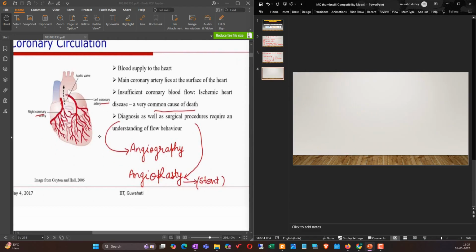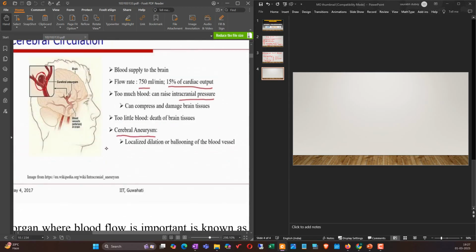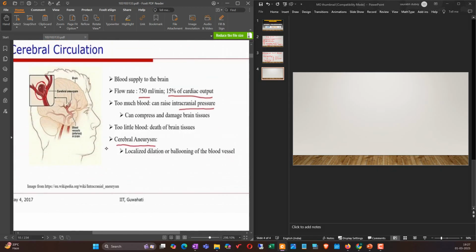Cerebral circulation is another one, where blood supply happens to the brain. This is the typical flow rate, ml per minute. You can see how much is flowing: 15% of the cardiac output is going to the brain.